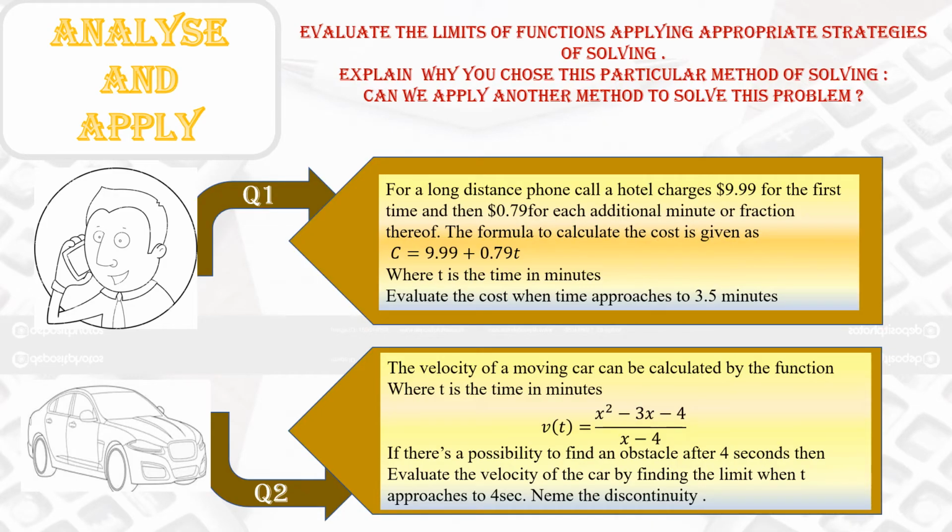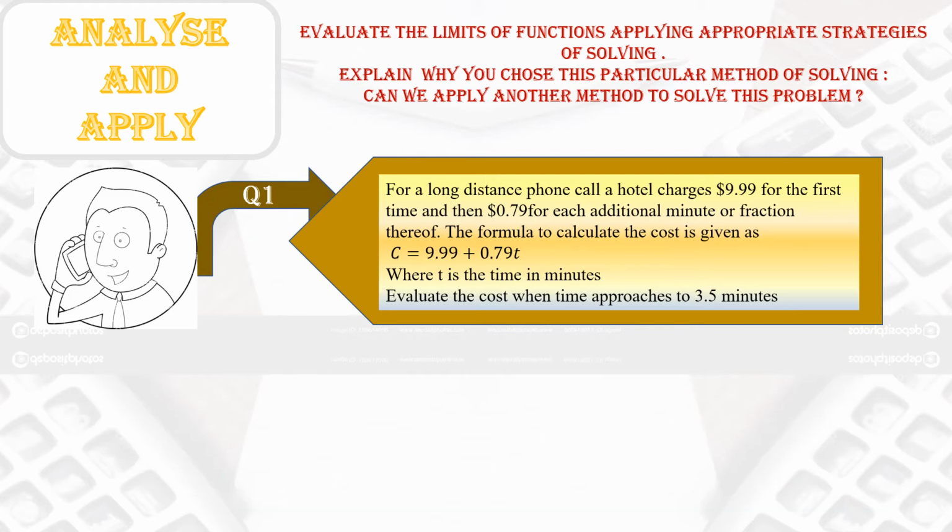Now here we have two different problems in which we have to evaluate the limits by using the appropriate strategies, and we also have to use the appropriate method to solve them and say why we are applying this method. For example, the question is: for a long distance phone call, a hotel charges $9.99 for the first minute and then $0.79 for each additional minute.